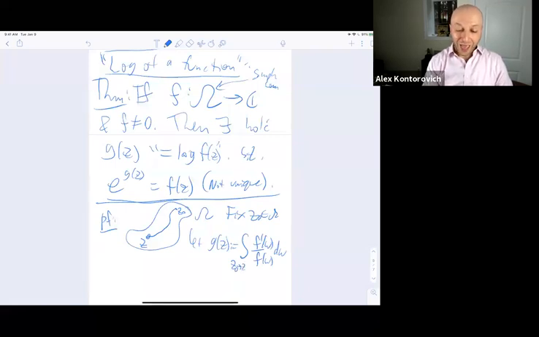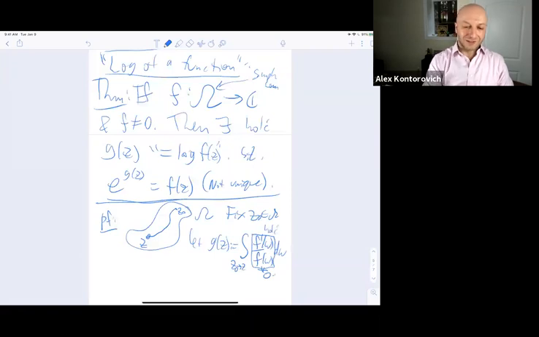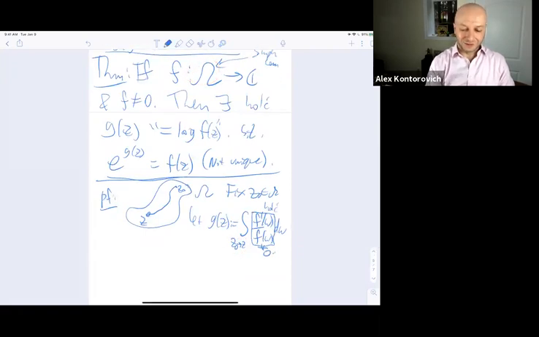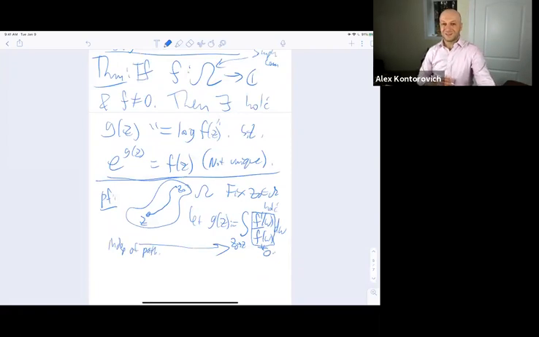You integrate any curve from z0 to z, any curve, f prime over f. f in the denominator is not 0. So this is holomorphic. Omega is simply connected, so independent of the choice, independent of the path. And this is a perfectly well-defined function.